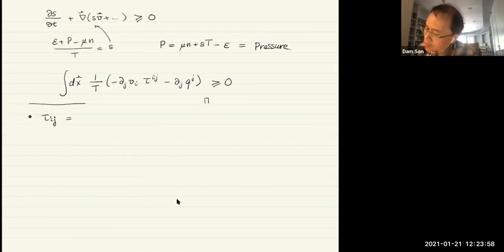Let's recall how it appears in the stress tensor. The stress tensor has this v_i v_j plus P delta_ij plus tau_ij. It's a tensor of second rank, and any tensor of second rank can be decomposed into symmetric traceless, anti-symmetric, and trace parts. So write it down.